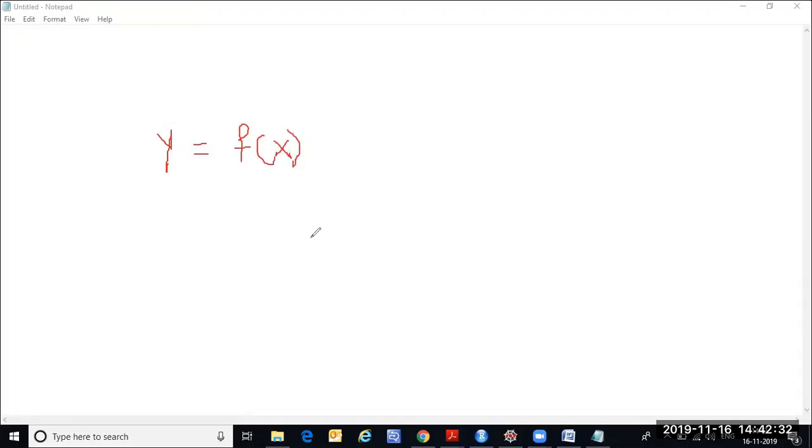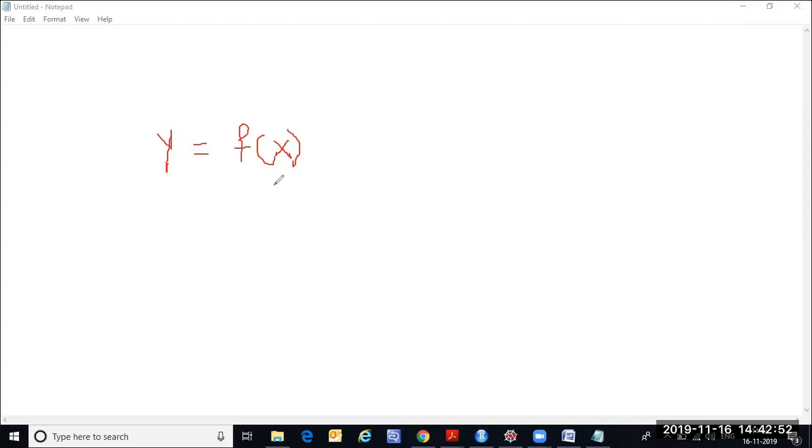What is this, friends? Anybody remember what this is? Function of x, right? Y is equal to function of x.